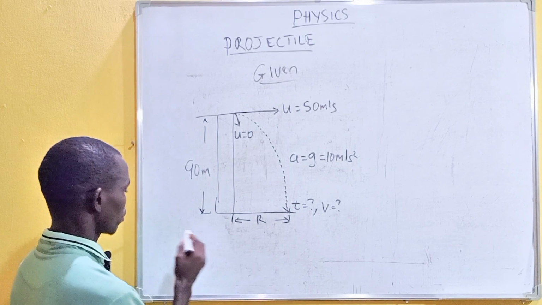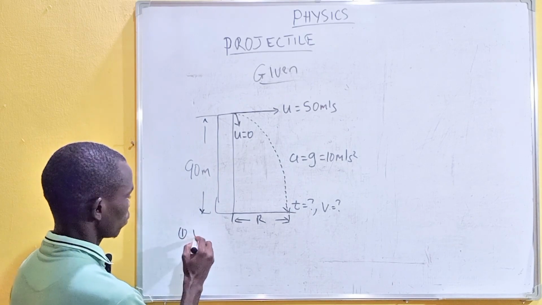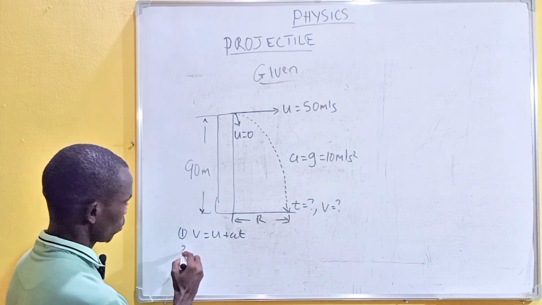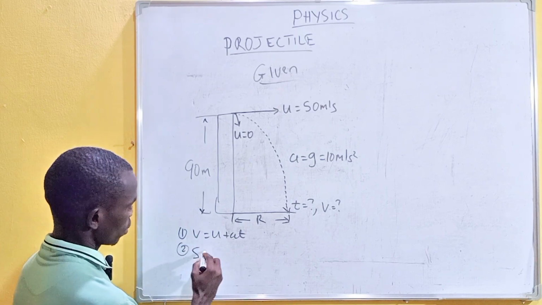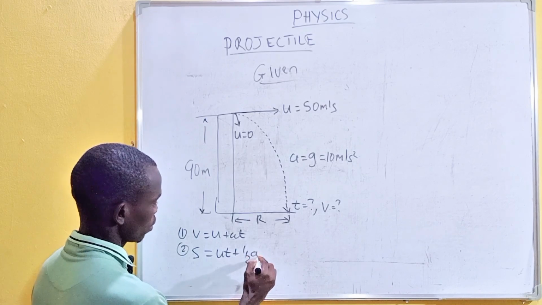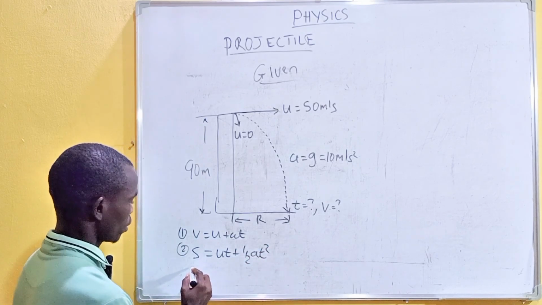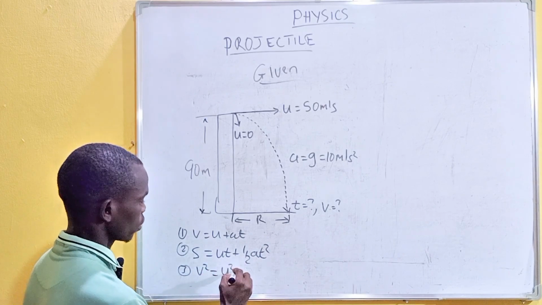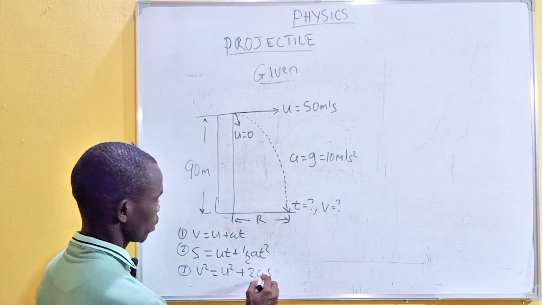From the three equations, we have 1, v is equal to u plus at, 2, s is equal to ut plus 1 over 2 at squared, and the third one, v squared is equal to u squared plus 2as.